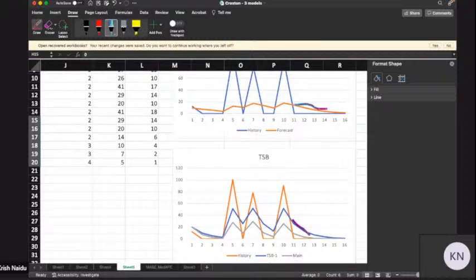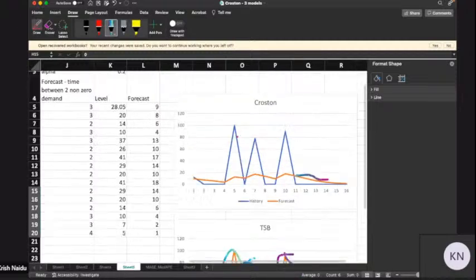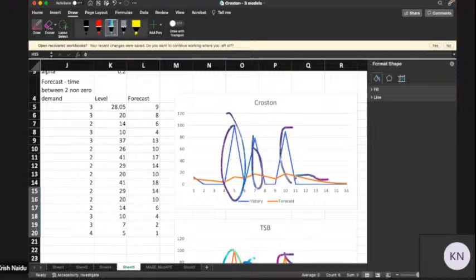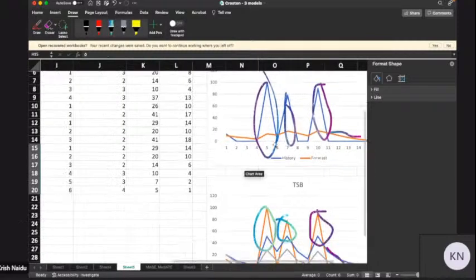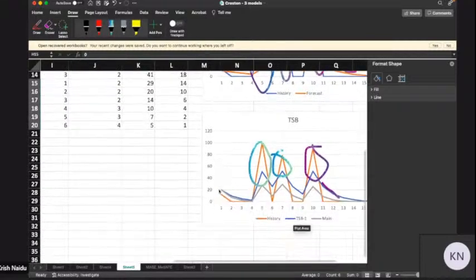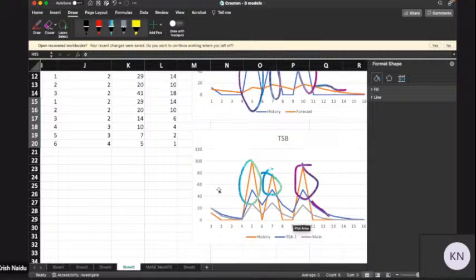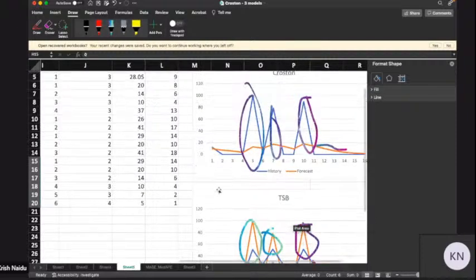And if you look at this gap, and this gap, this is very high. So what we are saying clearly here is that we don't want a model which has poor obsolescence. And second, whenever we have a non-zero demand, the gap between the forecast and the history is very high.